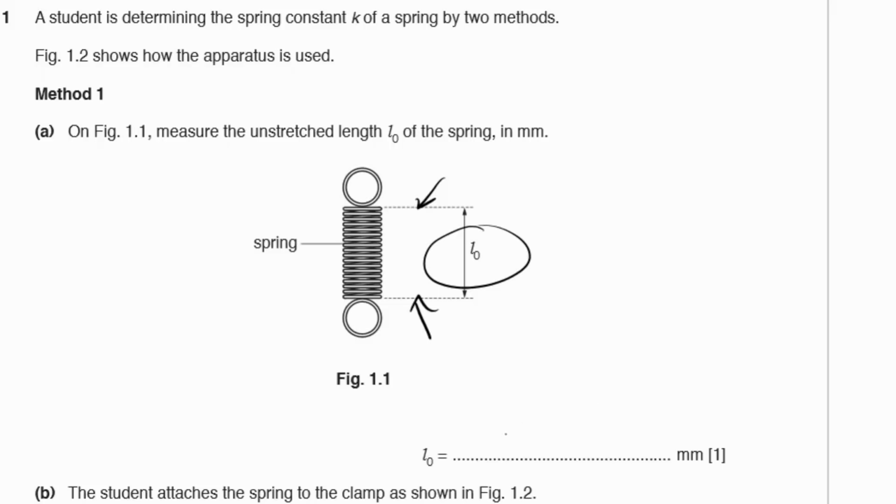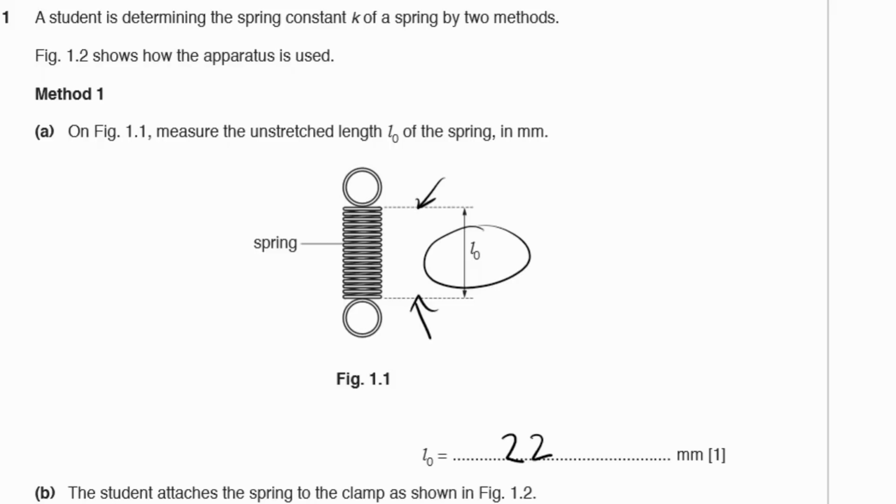The actual measurement that they're looking for is 22 millimeters. And again, as I've said in the other exam papers, if you're measuring this on one you've printed out at home, or one that's been printed out for you on A4 paper or on letter size paper, you may well get a different answer. And the reason is because as it's been printed out, it will have resized it to fit the paper.